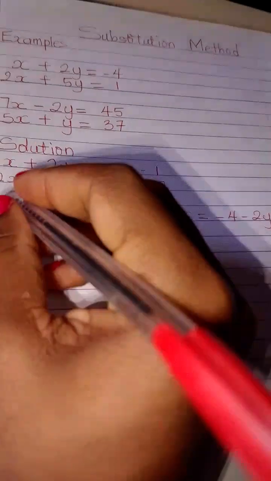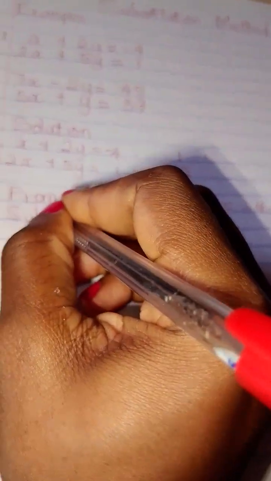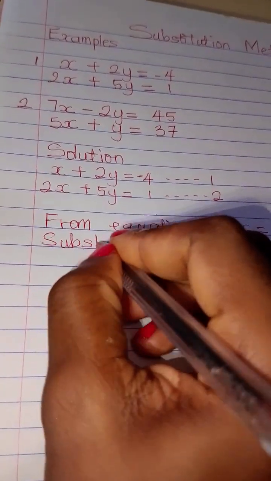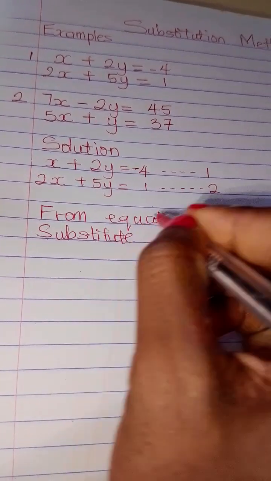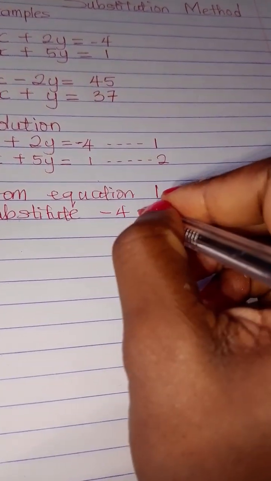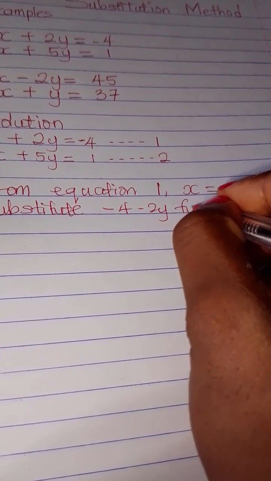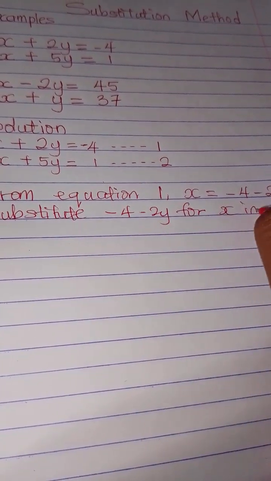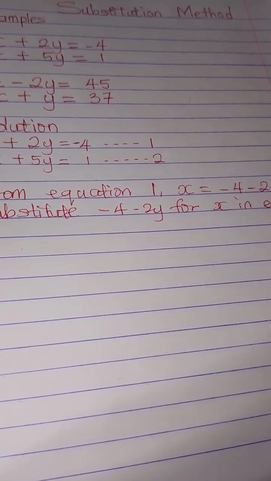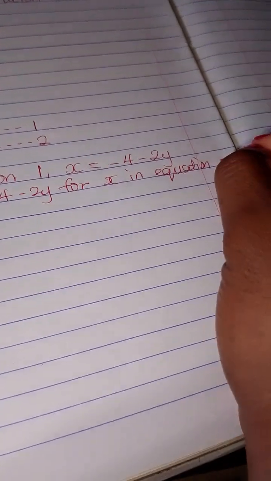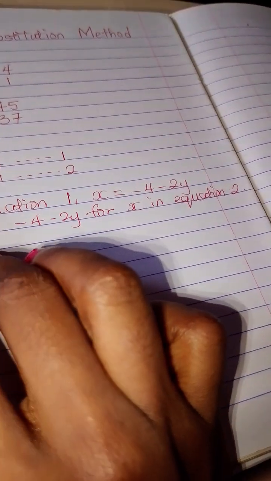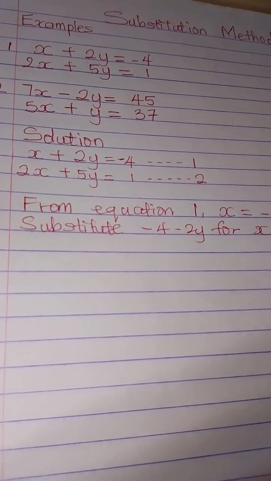So then we substitute minus 4 minus 2y for x in equation 2. We made x the subject of the formula from equation 1, and then we substitute it into equation 2.